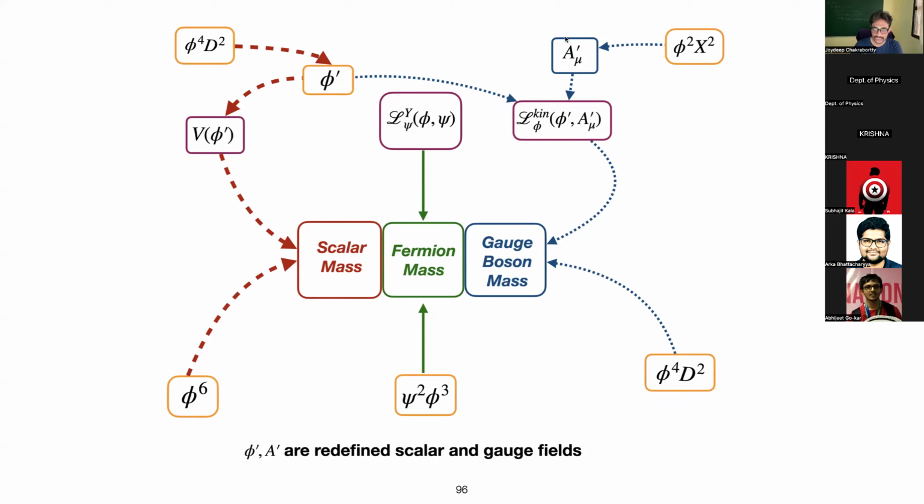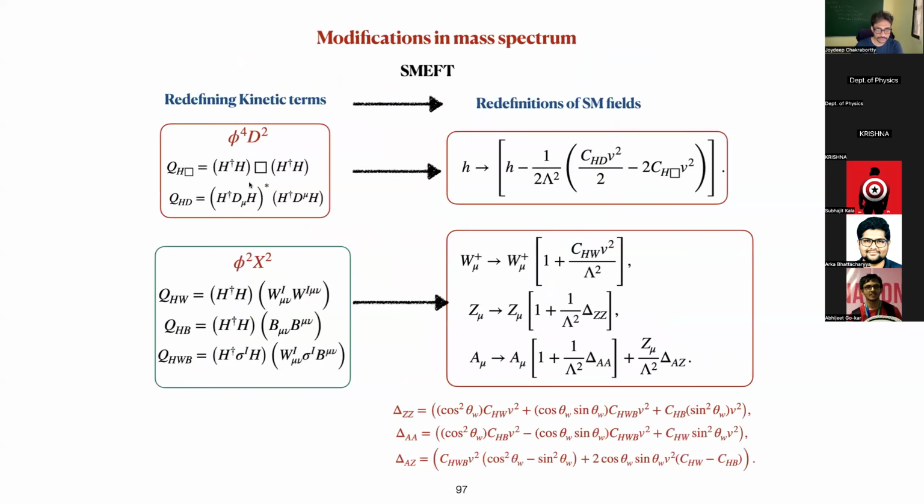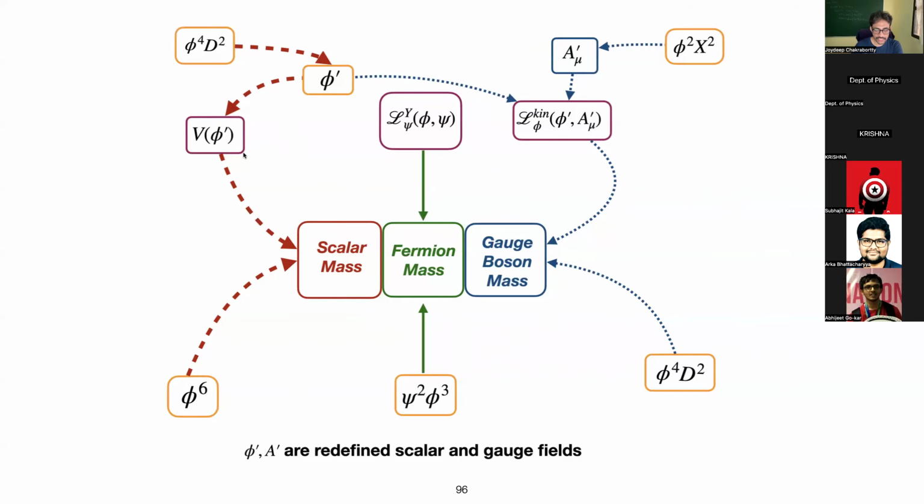Once you redefine your gauge field, all the other renormalizable terms where this field appears will be impacted, and from there you will generate a bilinear term in gauge fields, a new contribution to the gauge boson masses. In this way, different classes of operators contribute to your spectrum.